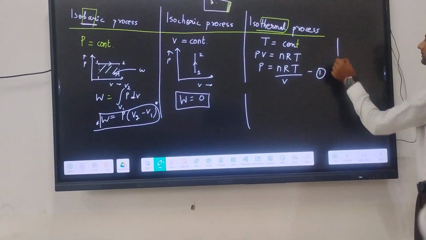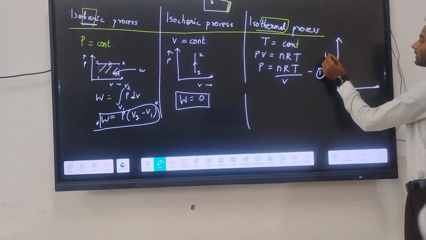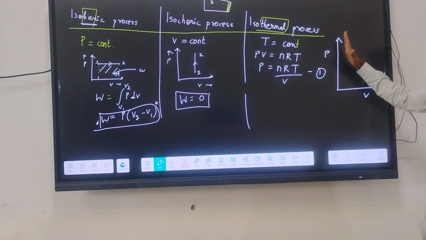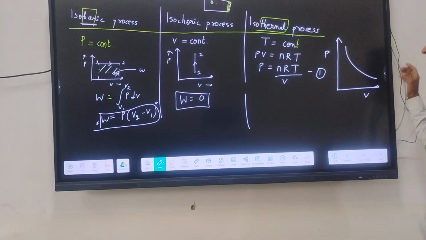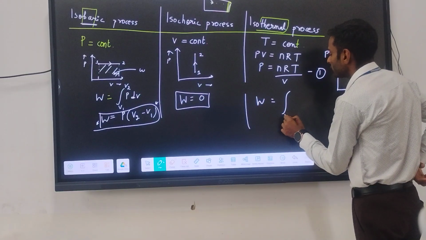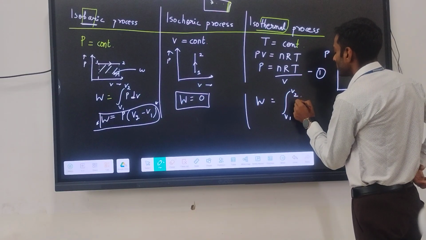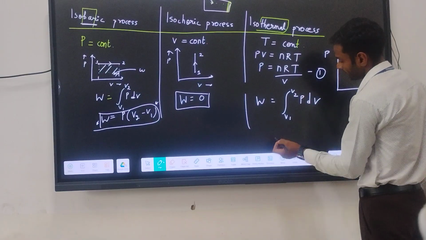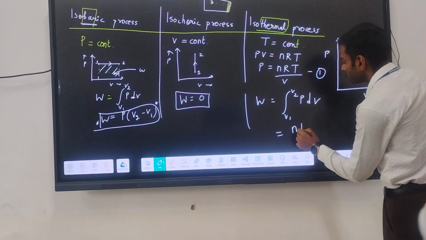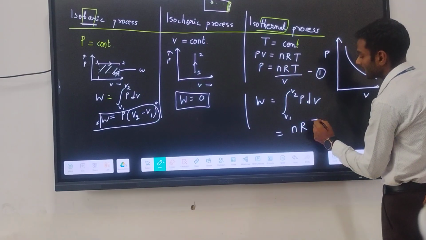And we have also seen that the isothermal process is a rectangular hyperbola. So we know that work is equal to the integral from V1 to V2 of P dV. Your P can be replaced with nRT by V, and T is also constant, so nRT can be brought outside.